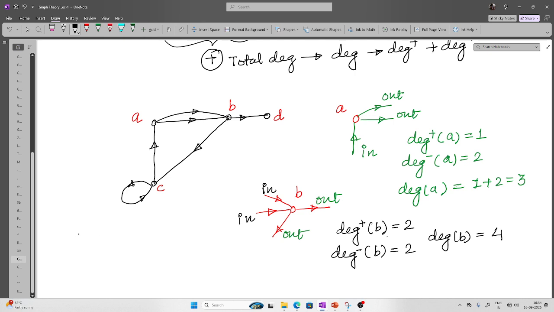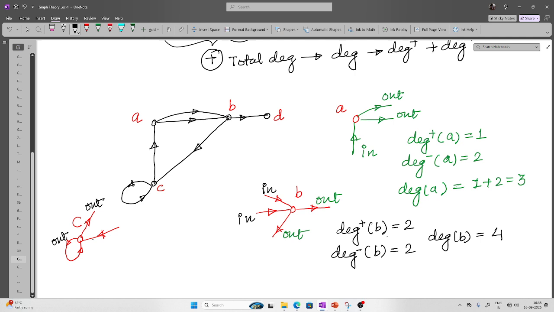Now if you look at this vertex C, one edge is going out, one edge is coming in, and there is a loop. So it is going out as well as coming in. That's why it is a loop. What is a loop? I have told you in previous lectures that a loop or self loop is an edge which starts and terminates at the same vertex. So this is going out and here the edge is also going out.